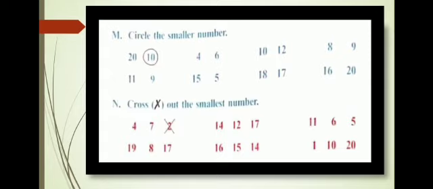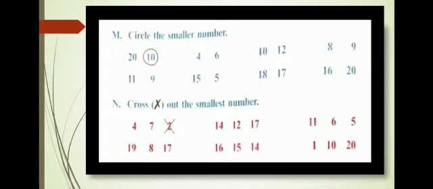Now see the next question. In this question, you have to cross out the smallest number. So there are three numbers given in a set. In the first set, you can see 4, 7 and 2.